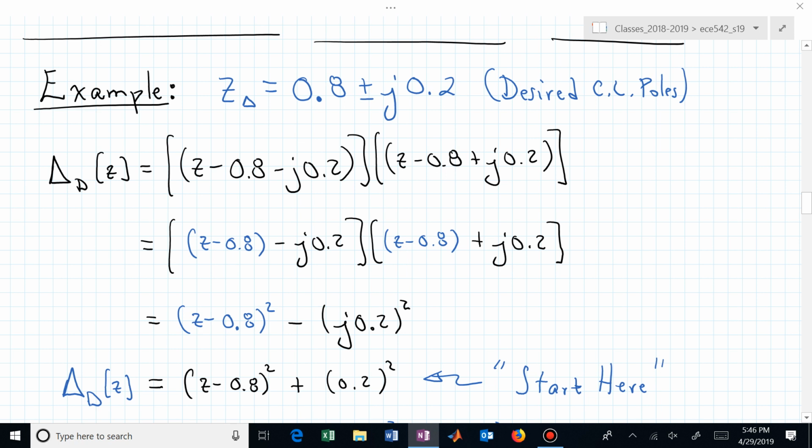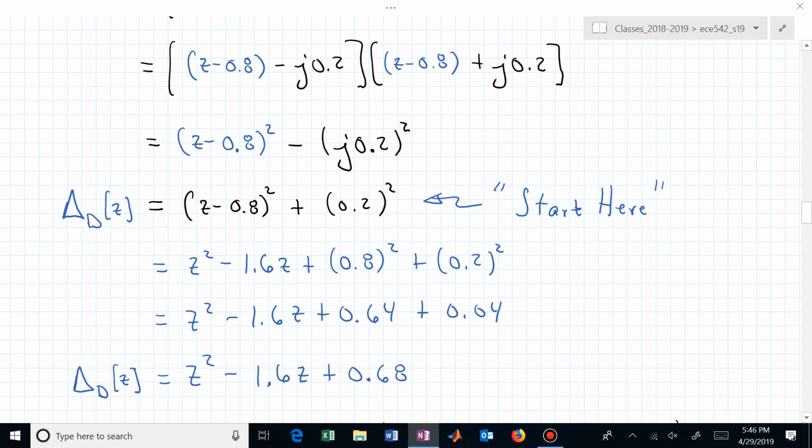I'm just doing that so that you understand that if I now say we wanted our polynomial to have these as its roots, here's how I'm going to build that polynomial. z minus the real part, quantity squared, plus the imaginary component squared. That's where I would start. So you can start here once you're given desired closed loop poles.